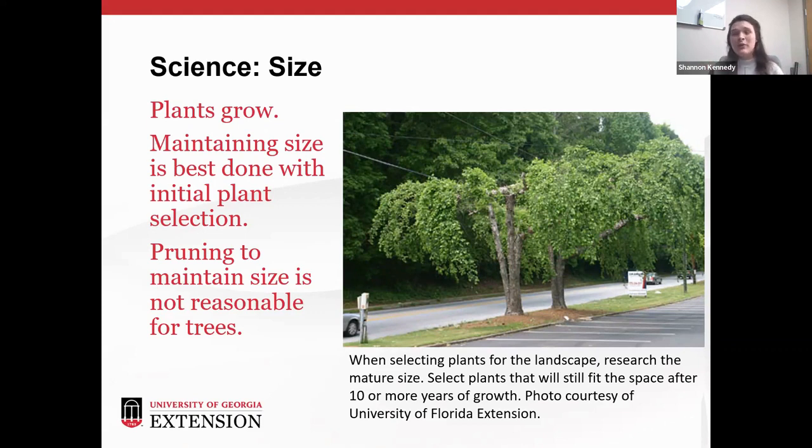You usually have to go back over and over again to maintain a certain size, and that can be a lot of work. So keep that in mind if you have the opportunity to plant your own shrubs or trees in your landscape. Research the mature size of the tree or shrub you're interested in and make sure it'll fit the space. That way you'll have a lower maintenance landscape overall. It's much easier on you as the landscape manager.